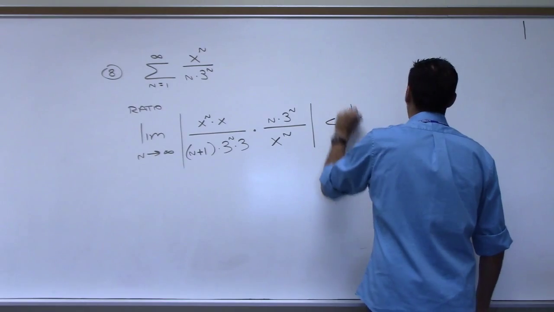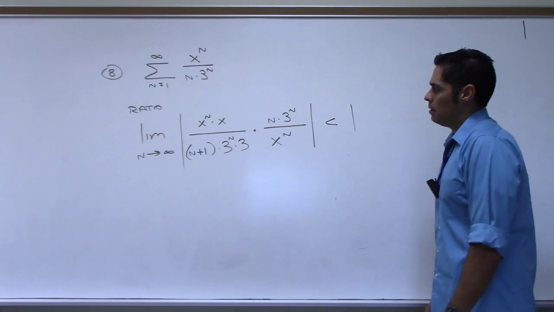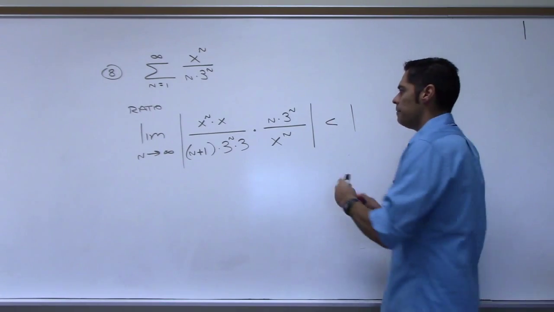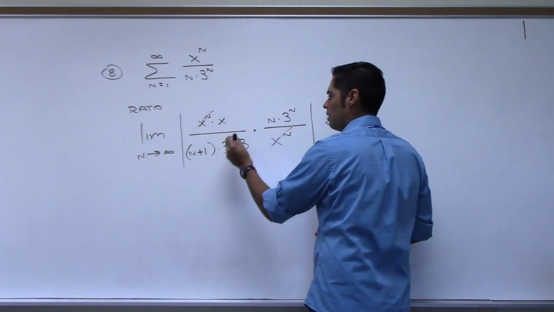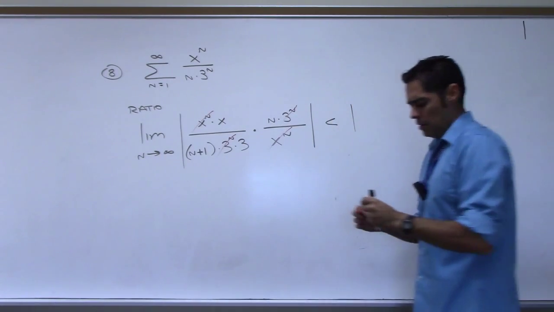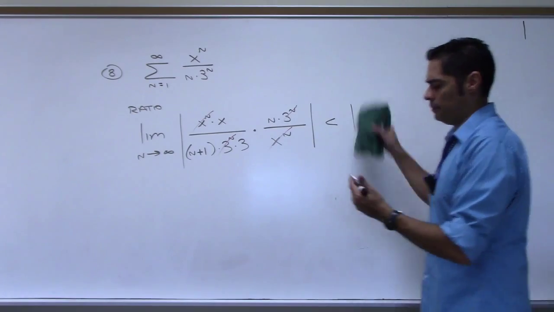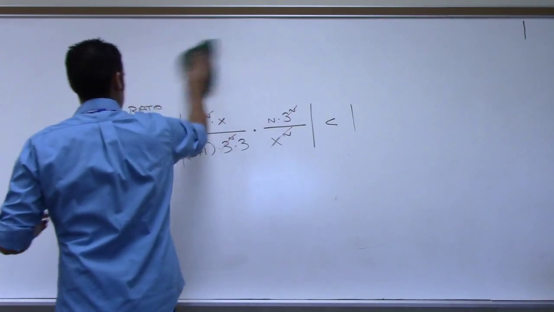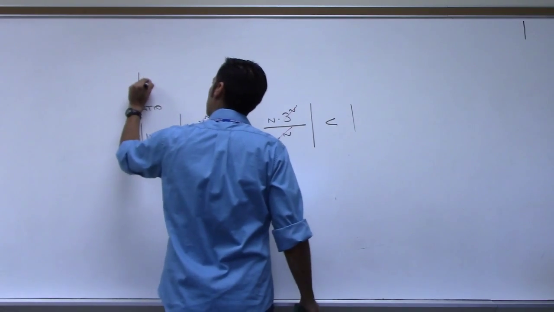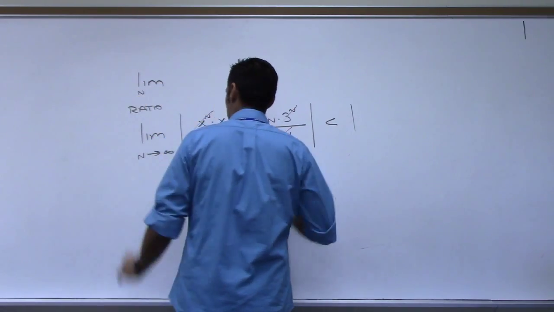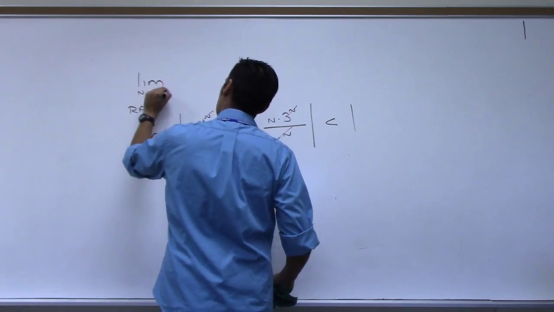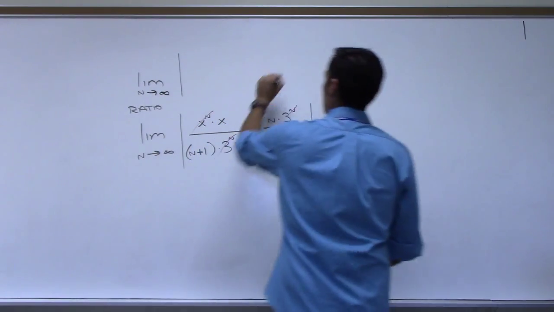I need that to be less than 1. Lots of good cancellation here. Gone, gone, gone, gone. I'll put all my n stuff together and all my x stuff together. Limit, n goes to infinity. All right, let me put my x down here.